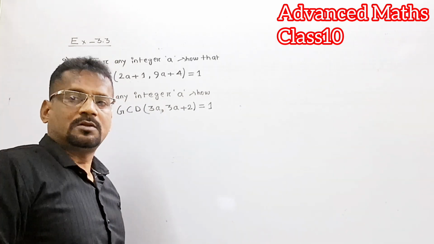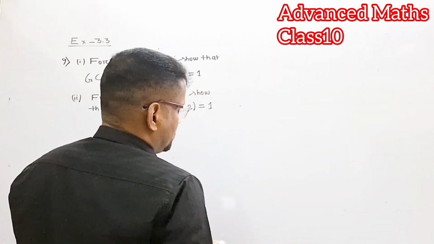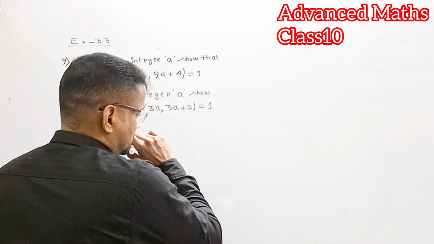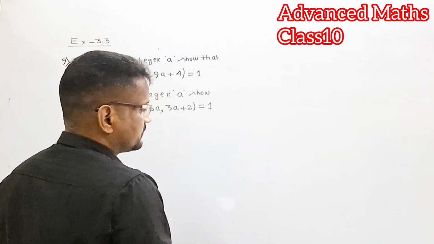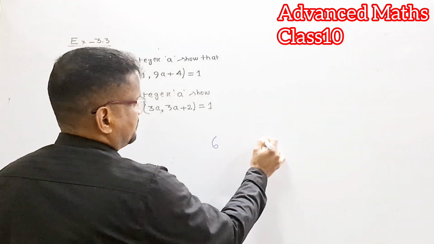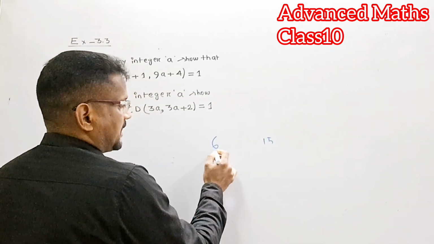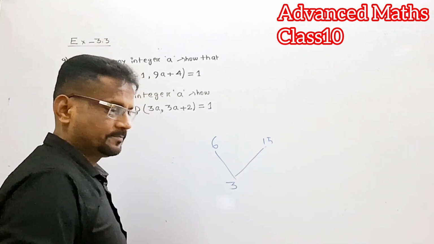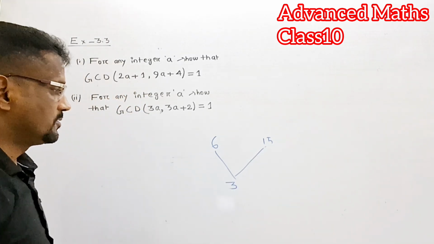Now, before going to solve this, we need one result. Let us consider any two numbers, say 6 and 15. The highest common factor of 6 and 15 is 3.